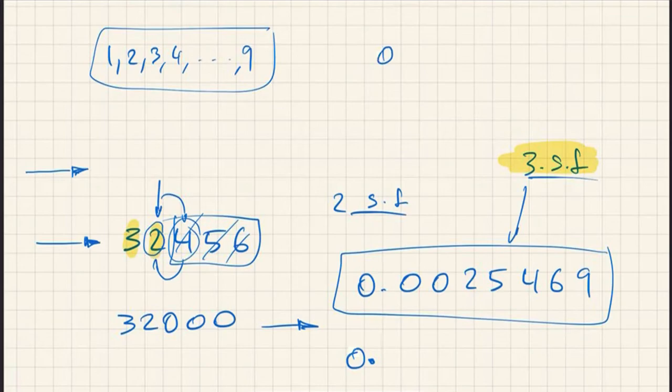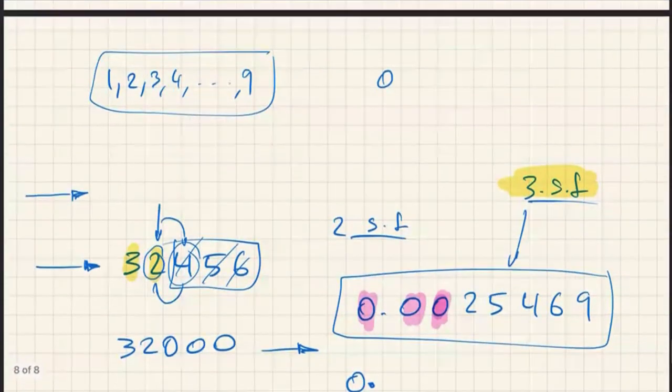So how can you count now? Sir, can I try? Sure. Is it 0.00255? Exactly, yes. Why? Because till now, I didn't count any significant figures.